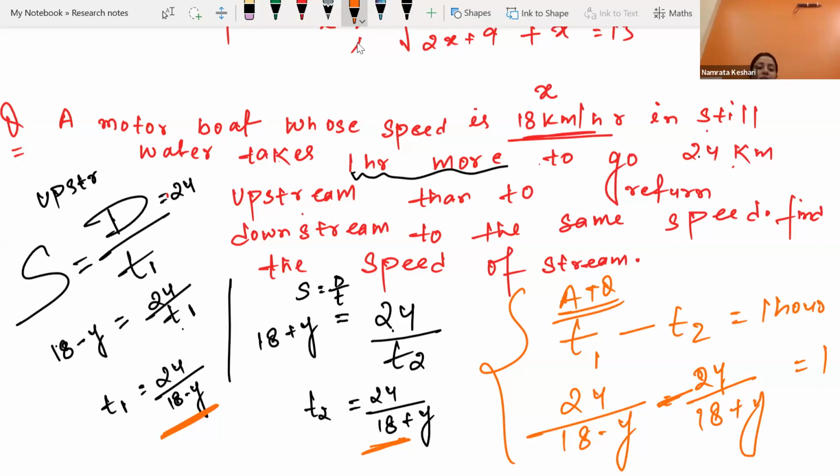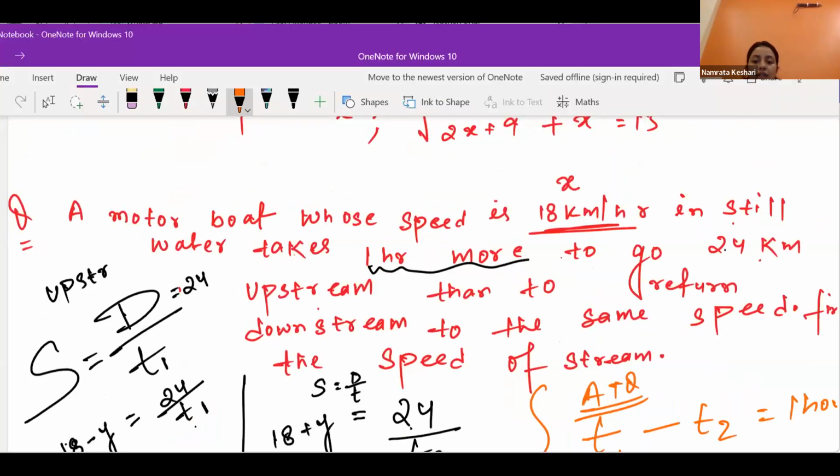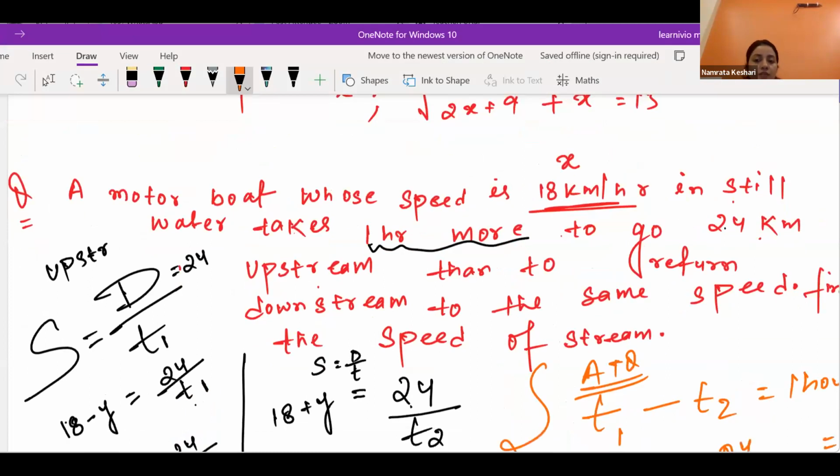But before that, tell me, till here, any confusion to anyone? What we have to find here? Find the speed of the stream. Can you see? Find the speed of the stream we have to find over here. Any confusion so far? Zunad, any confusion? No. Adyan, any confusion?